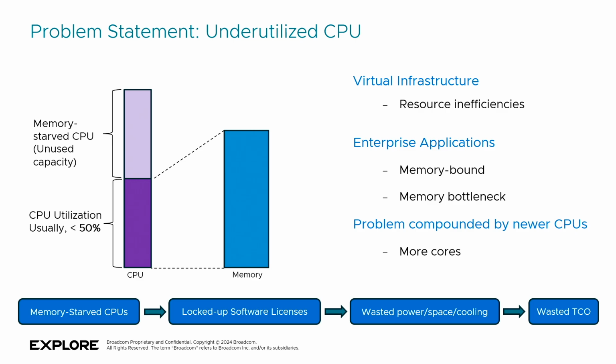The problem is also compounded by newer CPUs because, as you all probably know, newer Xeons and newer AMD CPUs come with a higher number of cores, and it's not going to stop. Both these vendors are going to increase their number of cores with each successive generation.